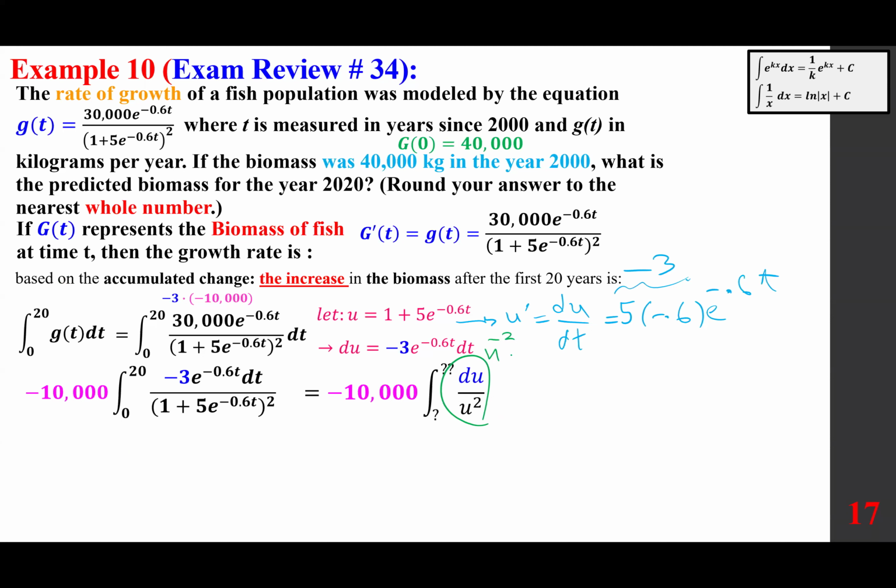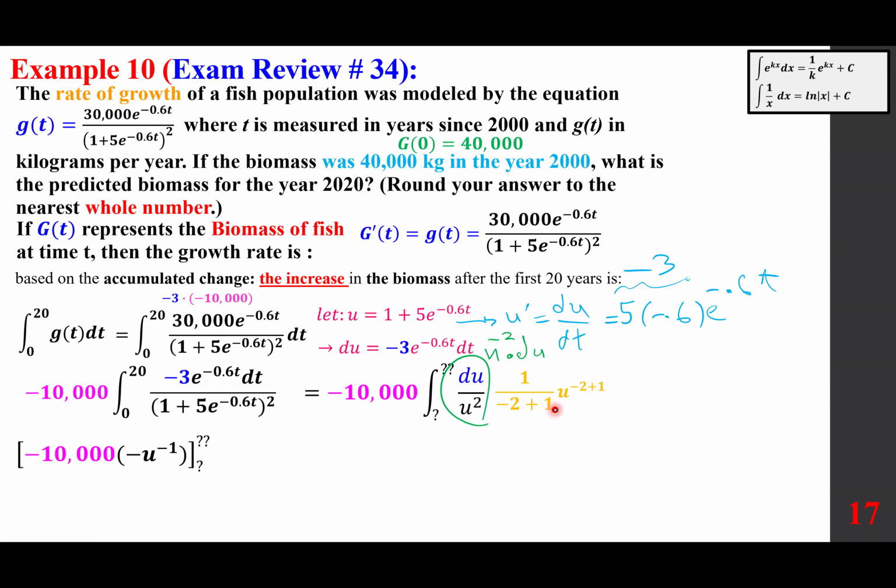u to the power of minus 2 du, which uses the power rule, and it becomes 1 over negative 2 plus 1, u to the power of negative 2 plus 1. Minus 2 plus 1 is minus 1. 1 over that is minus, and this is u to the power of negative 1. So we have negative 10,000 times minus u to the power of negative 1. Okay?